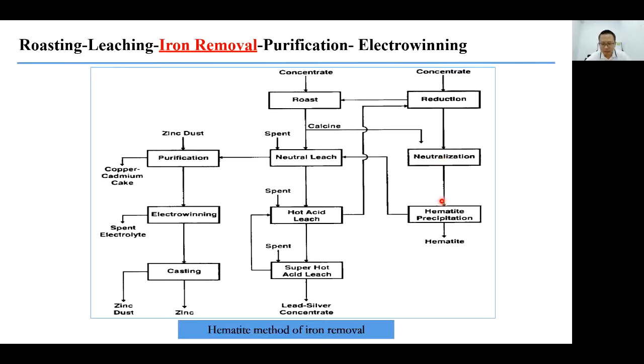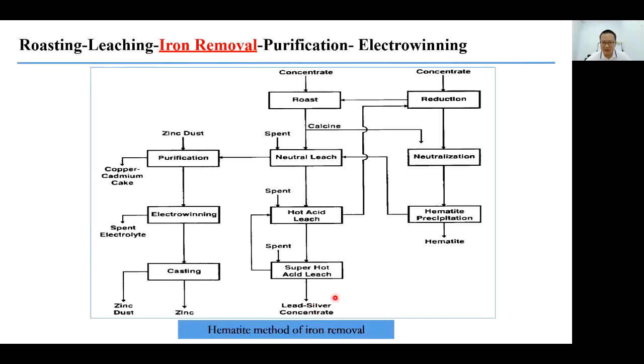And we are preparing the hematite in the autoclave, and iron is separated in the form of hematite. And after hot acid leaching, lead and silver are very well enriched, and we are getting silver and lead concentrate or slurry.